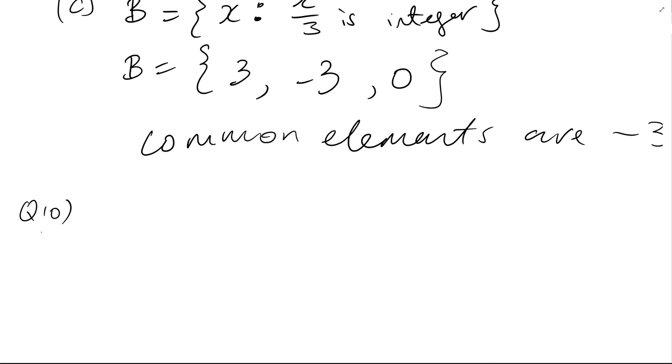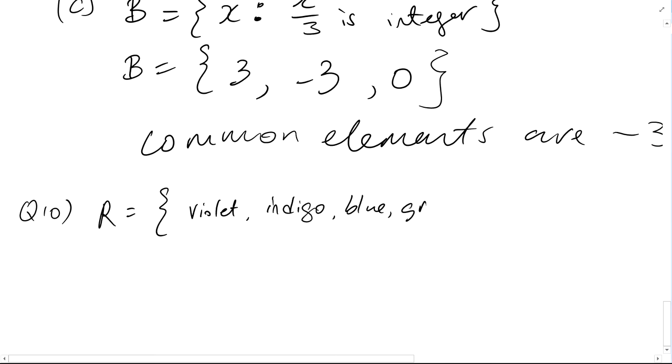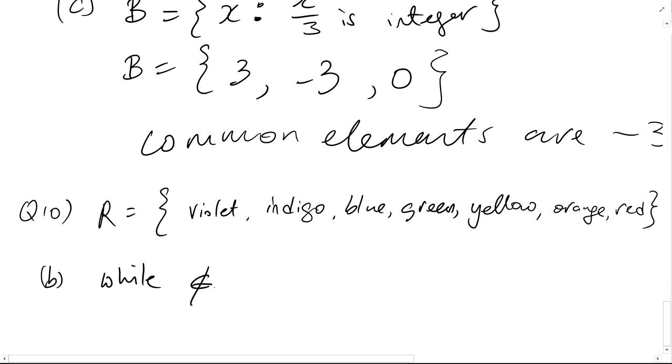Okay, list the elements of set R. R equals violet, indigo, blue, green, yellow, orange, red. Okay. Now, part B. Is white an element of R? It's so simple, right? White is not an element of R.